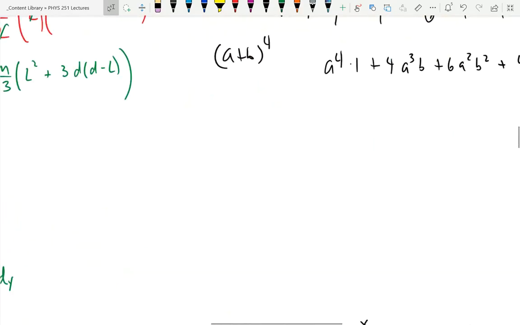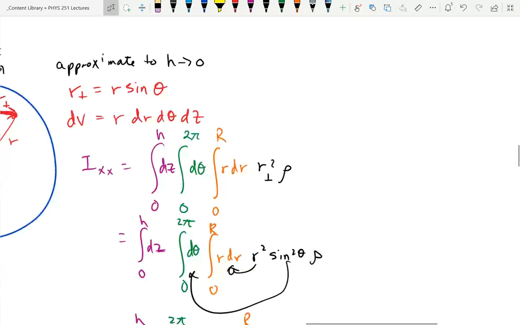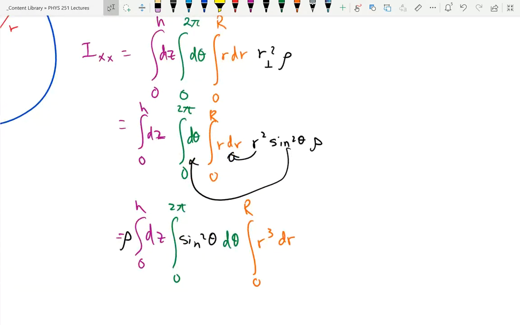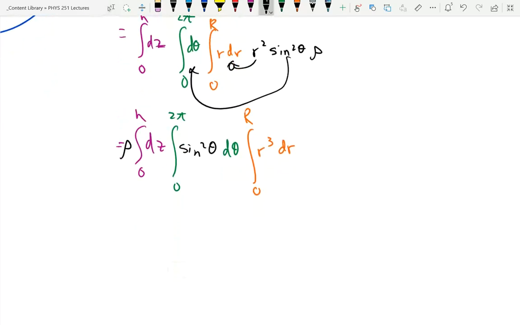I've moved up above what I did last time, so we'll find it later. So now we can do these separately. What's the integral from 0 to h of dz? H. What's the integral from 0 to 2 pi of sine squared theta? Something disgusting that I can't recall right off the top of my head.